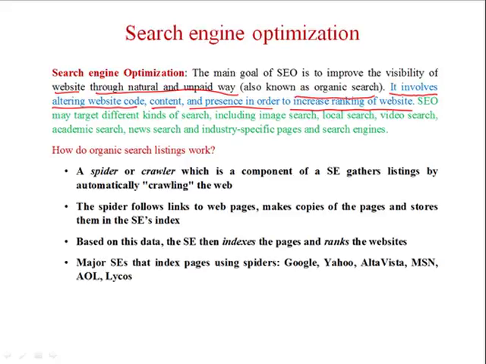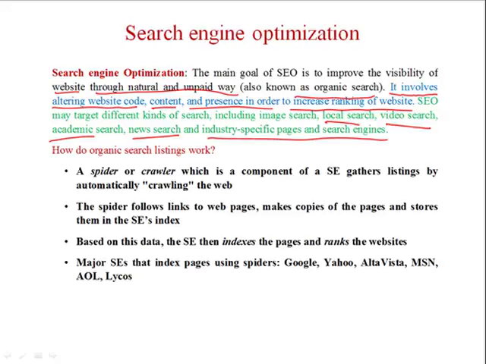Search engine optimization may target different kinds of search, including image search, local search, video search, academic search, news search, and industry specific search engines. Even if you create your personal website, it should have a very good strategic design, full of supporting information and good quality links, so that people can stay some time on your website.